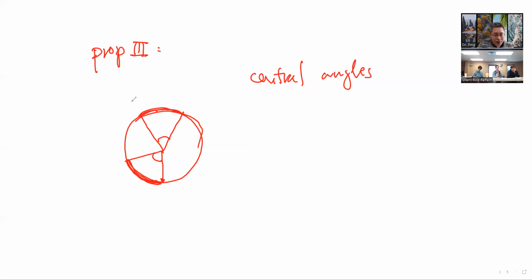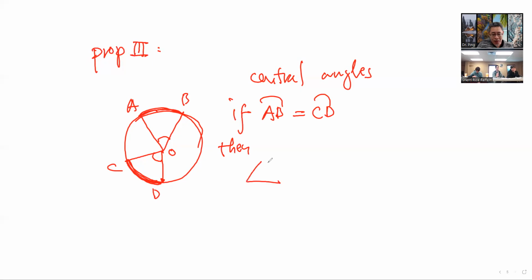So this is A and B, this is C and D, this is O as a center. If arc AB is congruent to arc CD, then angle AOB is congruent to angle COD. So it's really the converse of proposition 2.